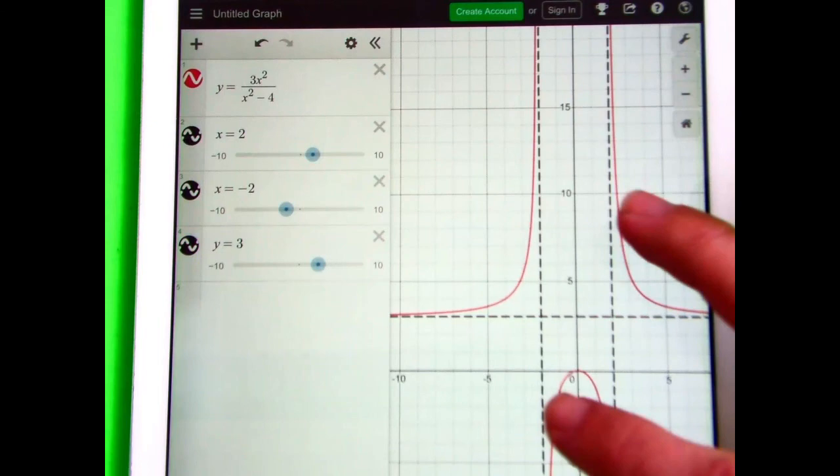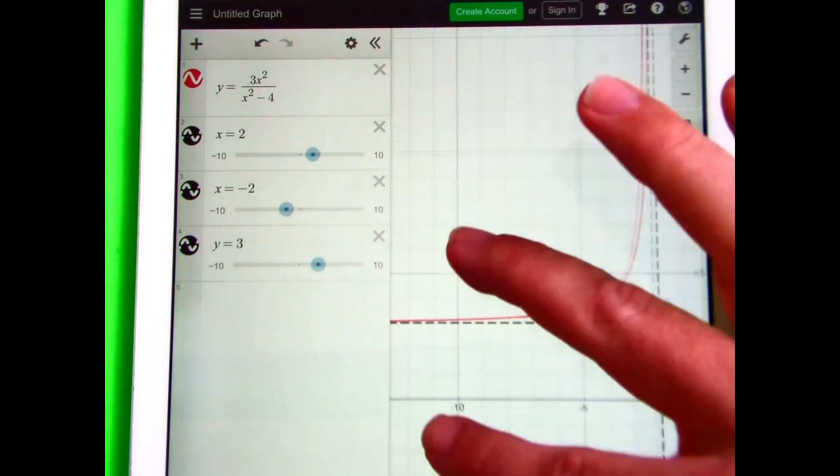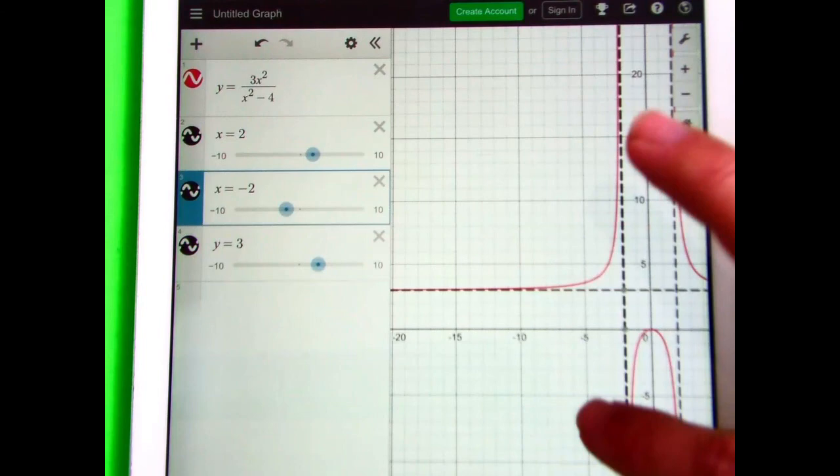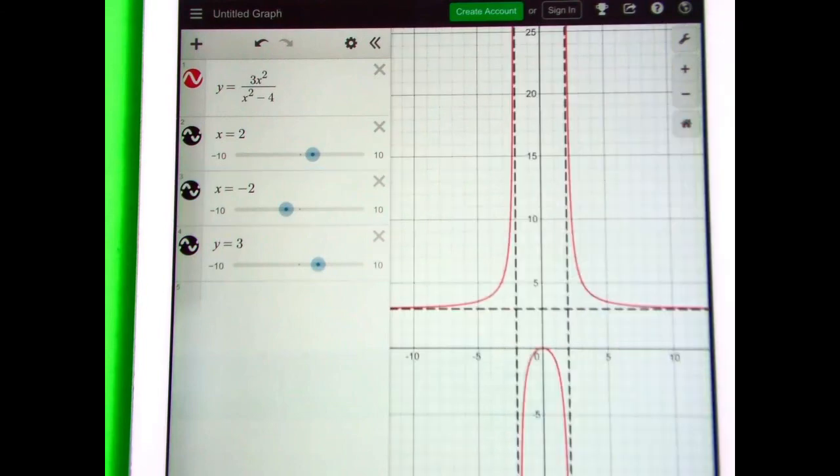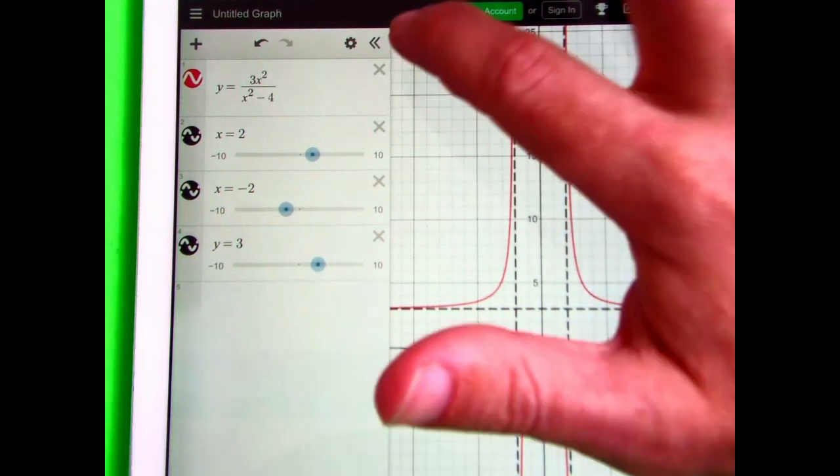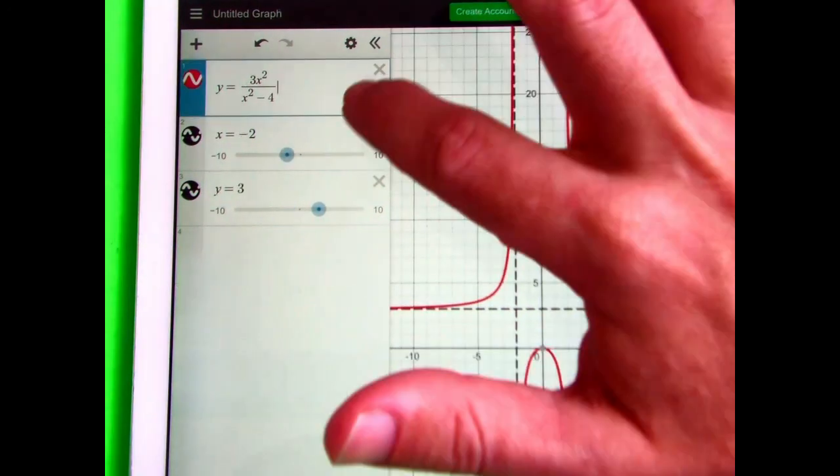Alright, and then the last graph, one more to do on Desmos.com. We've got x squared minus 2x minus 3 all over x plus 4. And this one should really show us that slant asymptote really well.